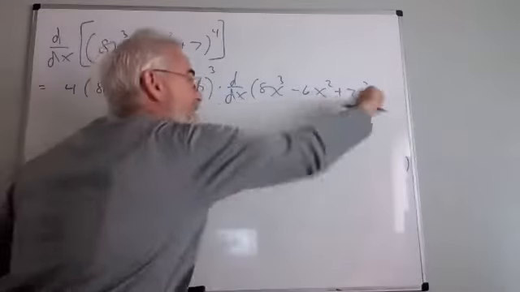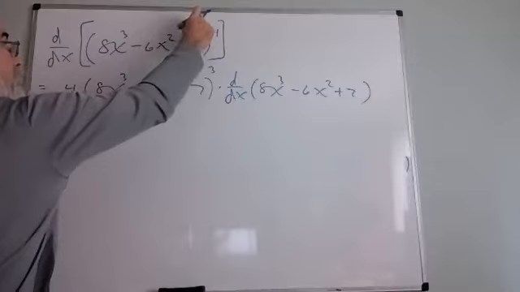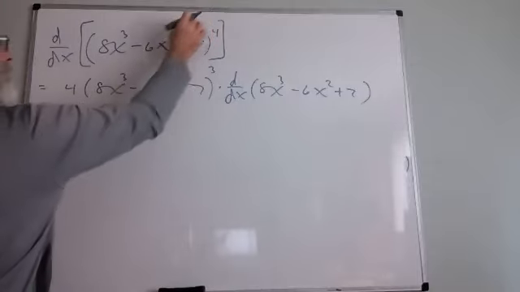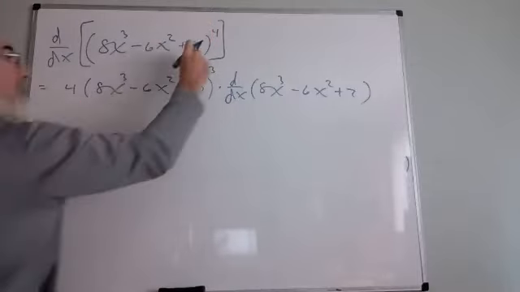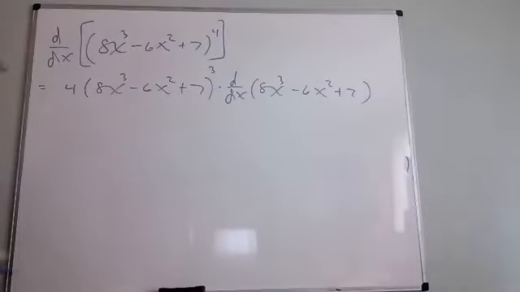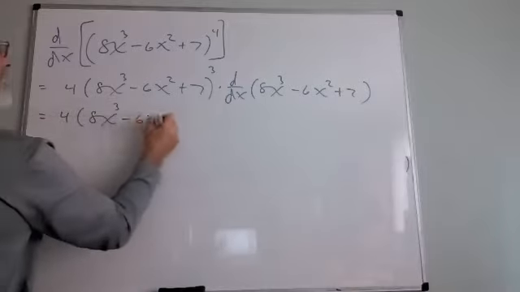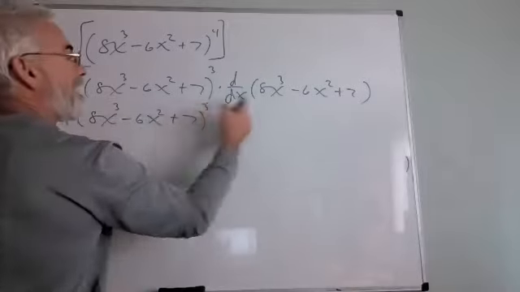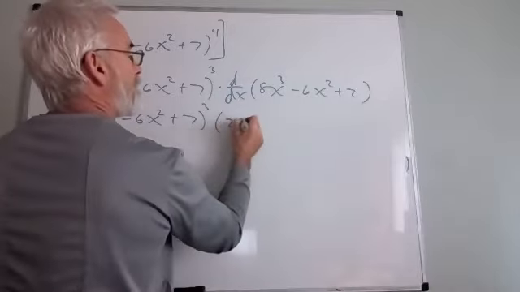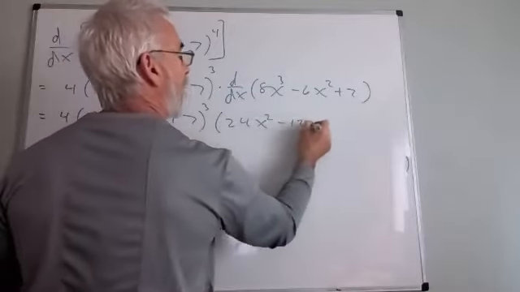Okay, this doesn't get an exponent. That exponent's already been dealt with. I had thing to the 4th, the derivative 4 thing to the 3rd times derivative of thing. And the derivative of thing is called the chain rule factor. So this would be 4. And this quantity here would be 24x squared minus 12x.